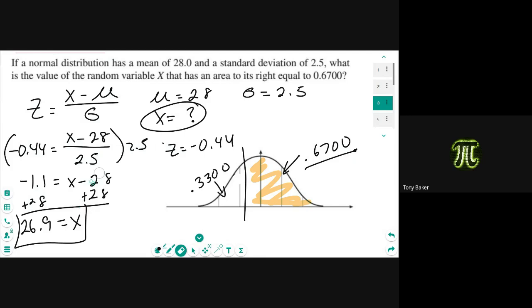Yes, because we want to get rid of subtraction by adding. You have to get rid of subtraction by addition. That's a little bit of algebra, and that's pretty much the extent of all the algebra we're going to use in this class.